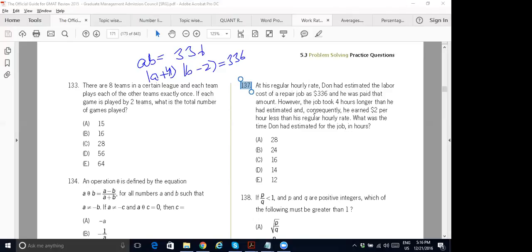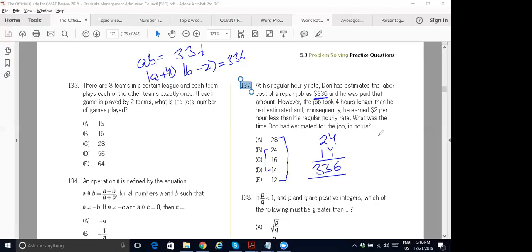Now we see that 336 ends with a 6. So we have to check which of the answer choices, if we find the product, will end with a 6. 2 into 8 ends with a 6, 4 into 4 will end with a 6. So we can quickly check whether this product is actually giving 336. 14 into 24: 4 times 14 is 56, 5 carry, 28 plus 5, 336.